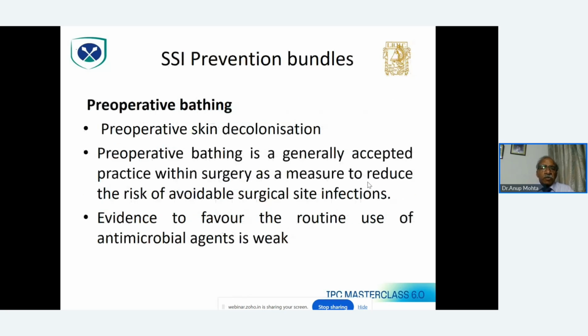I will not go into details, but we can have preoperative skin decolonization by preoperative bathing. It's a generally accepted practice as a measure, right? However, evidence to favor routine use of antimicrobial agents for pre-op bathing is inconclusive. A simple bath with soap and water is good enough.